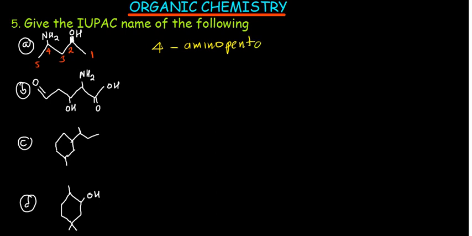There is no double bond there, so it will be pentane, but I'll remove this E at the end because it's really not an alkane but an alcohol. And then state the position, not of the double bond but of the hydroxyl, position number 2, and then I'll put the O at the end. So this is going to be the name: 4-aminopentan-2-ol.